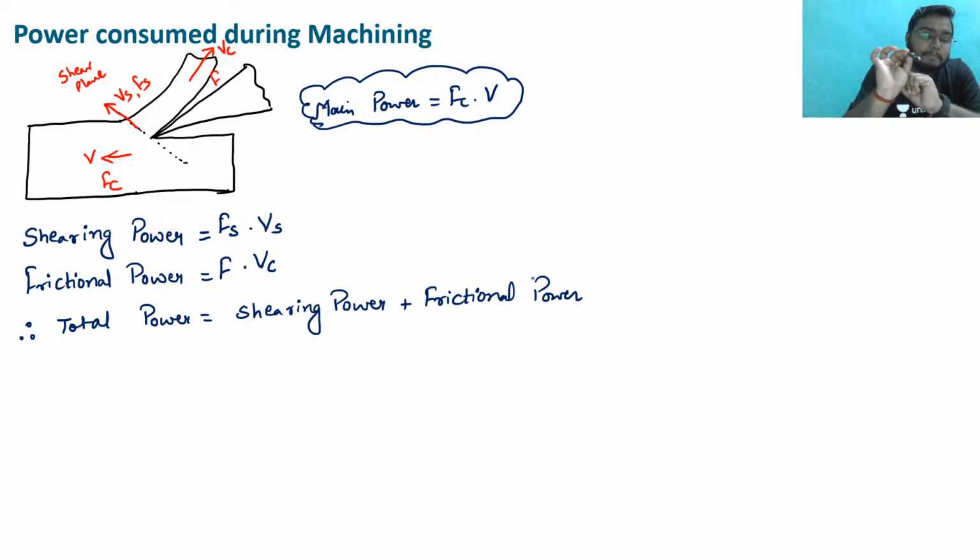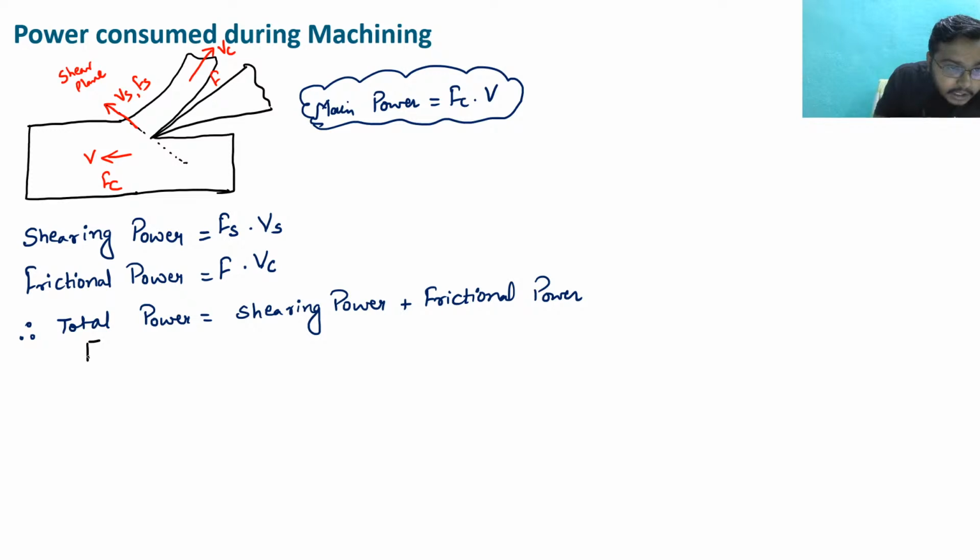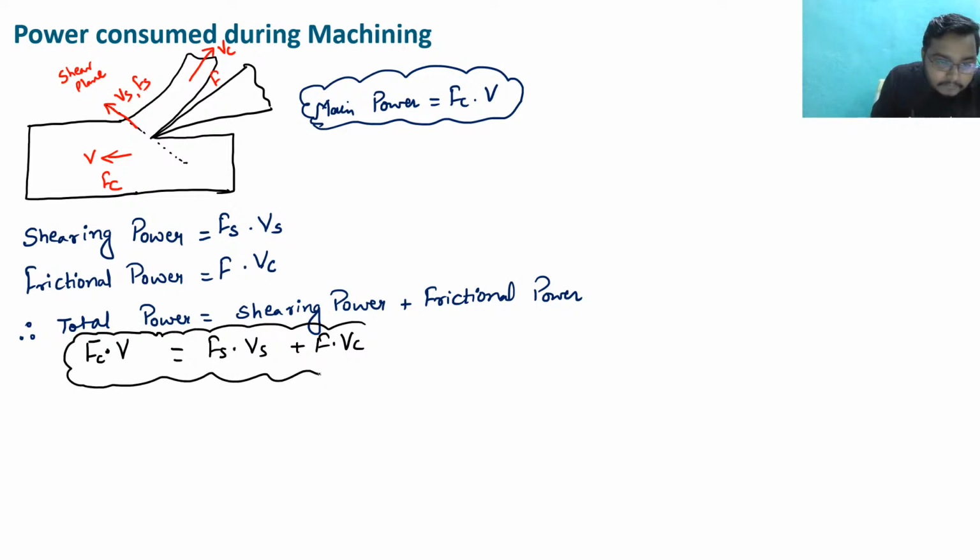So the main power is Fc into V, and due to this main power the associated powers come into play, that is the shearing power and the frictional power. So total power is Fc, the cutting force, into V, and this is also equal to shearing power, Fs into Vs, plus frictional power, F into Vc. So this is the relation that you have found out.